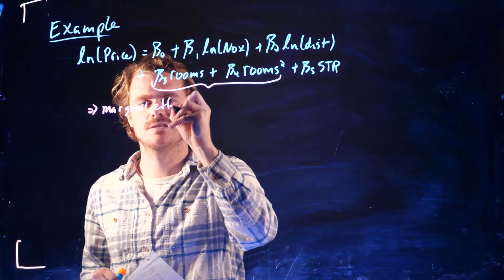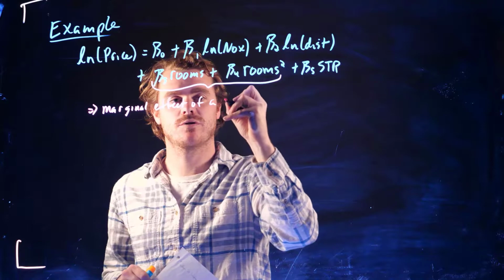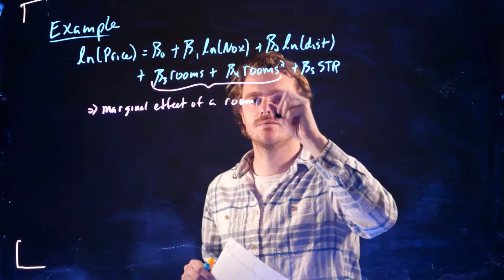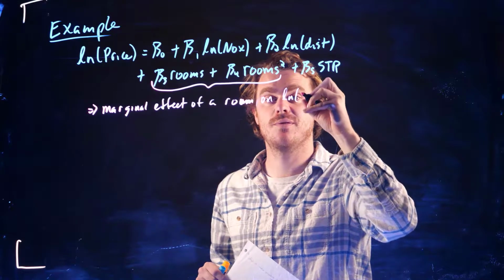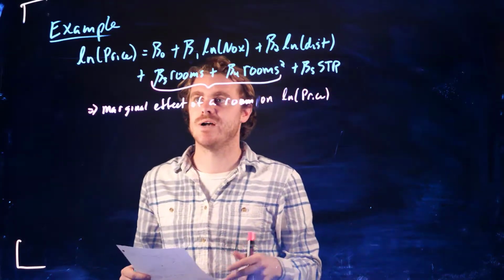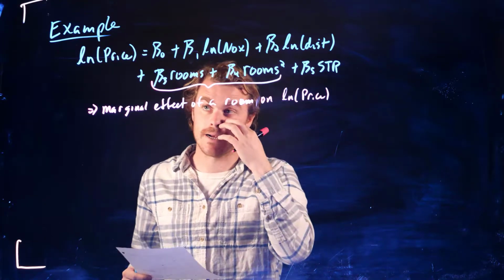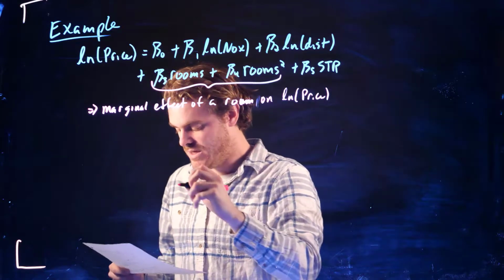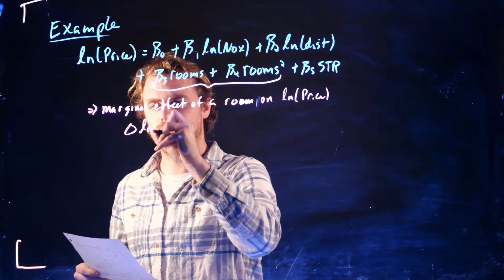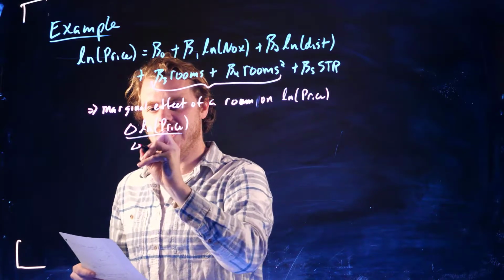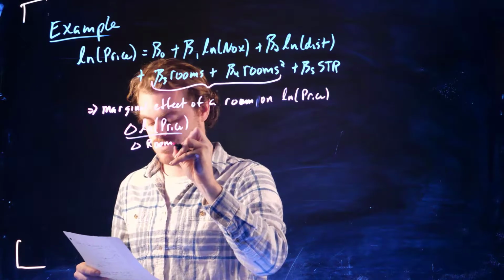Marginal effect of a room on, let's just make it on the natural log of price. So we don't have to worry too much about percentage changes here, because we're just thinking about this dependent variable. So the change in the natural log of price over the change in rooms.